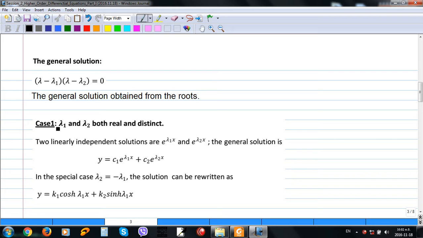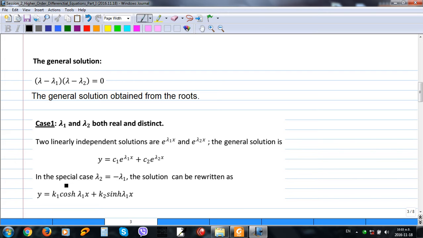We can write the linearly independent solutions as e to the power lambda 1x and e to the power lambda 2x. Then the general solution is y equals c1 times e to the power lambda 1x plus c2 times e to the power lambda 2x, where c1 and c2 are arbitrary constants.